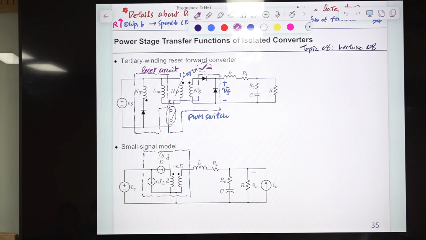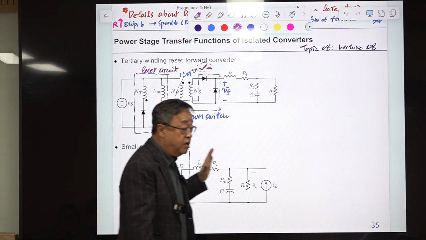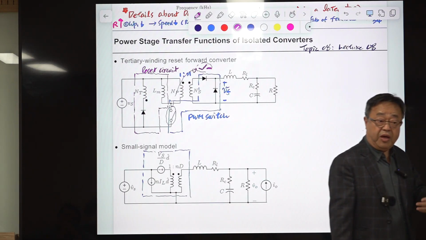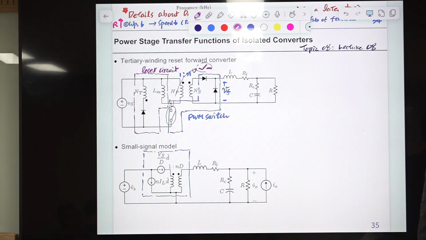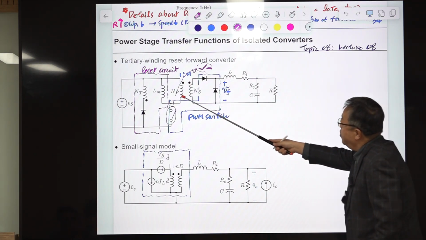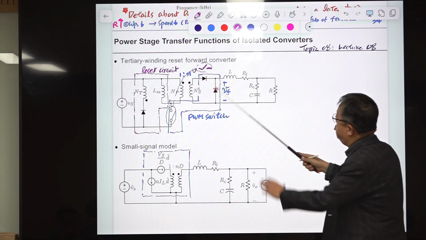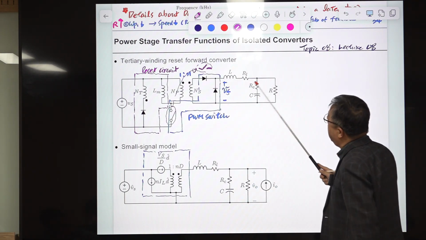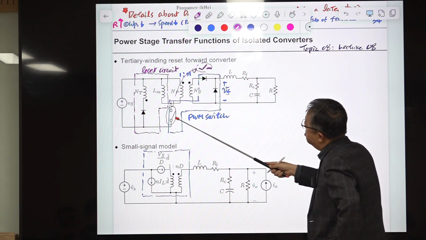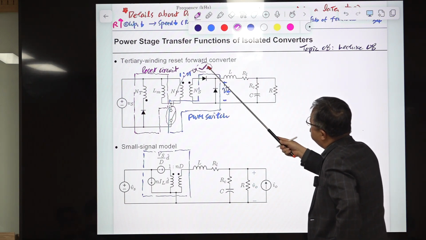Then the small signal model is very similar to the buck converter. This is the way of deriving or understanding the small signal model of an isolated converter. So there is a transformer, but in terms of its function, the situation is almost the same as the case where this switch is moved to here.